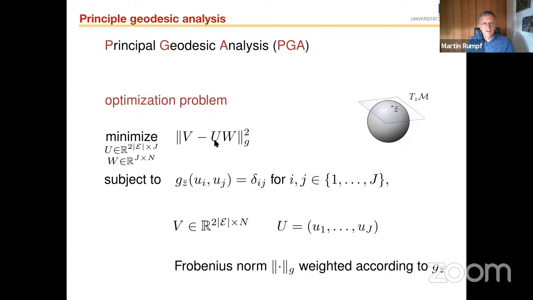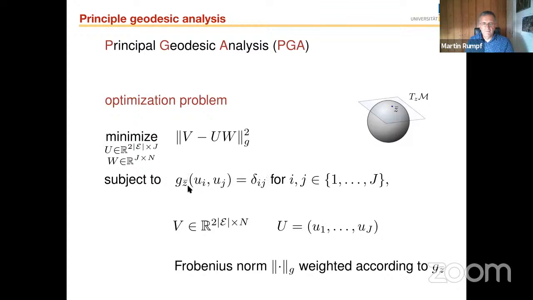So the U's are now the PCA computed principal first J modes, dominant modes. And as usual in PCA, they are orthogonal.